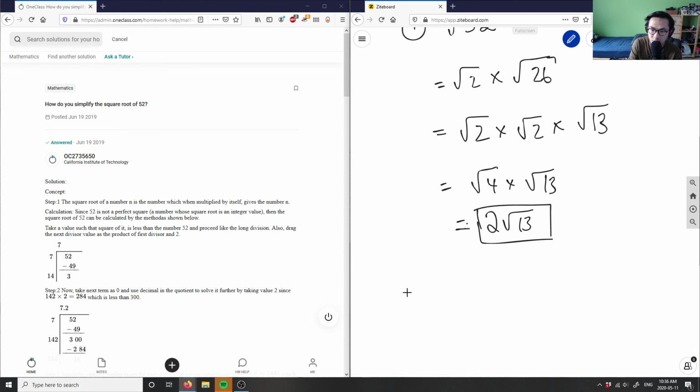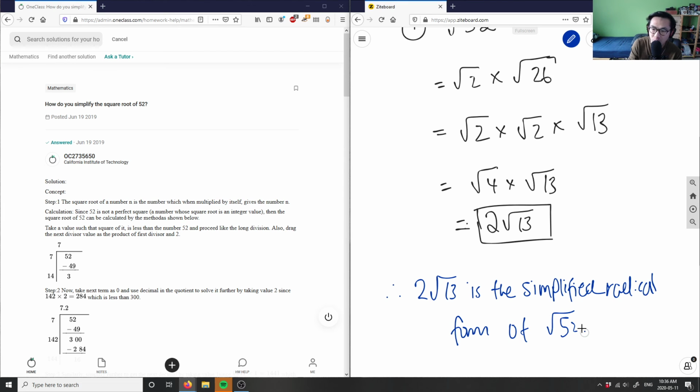Therefore, 2 root 13 is the simplified radical form of root 52. So this here is my solution.